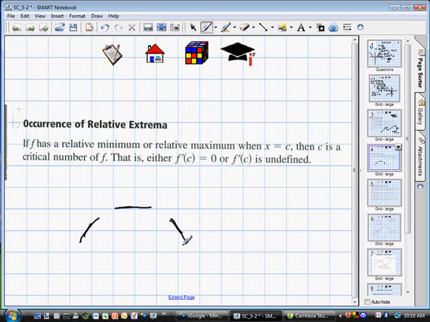Or if f double prime of x is negative, notice I don't even care what the number is. If it's positive, it's concave up. If it's negative, it's concave down. Now you'll know if that critical point you have is a relative max or a relative min. Is it all right if I use those? I suppose if I already used asymptotes, I ought to be able to use relative min and max.